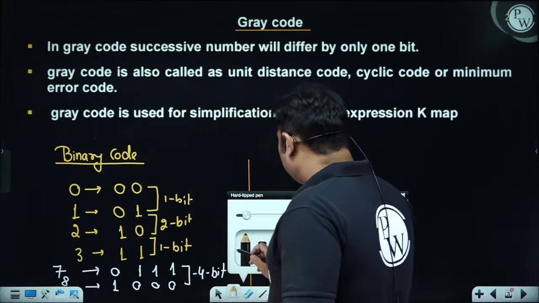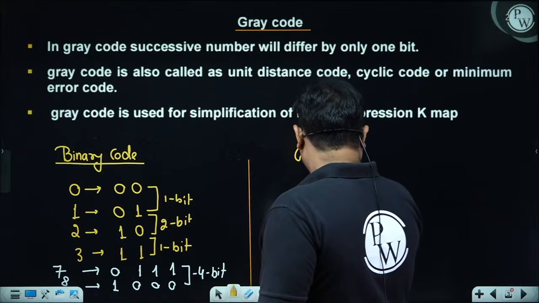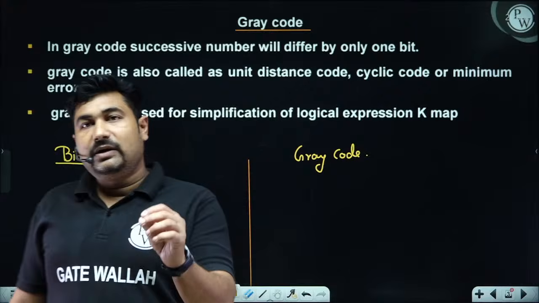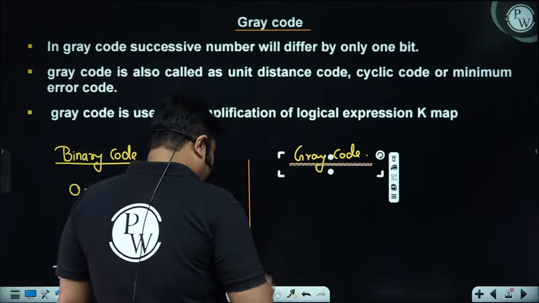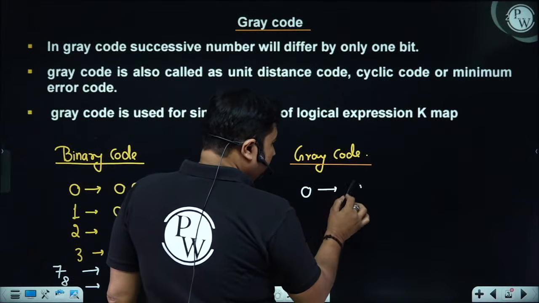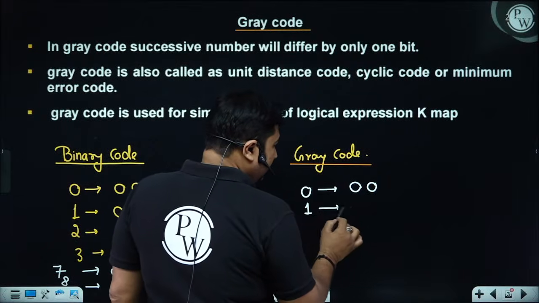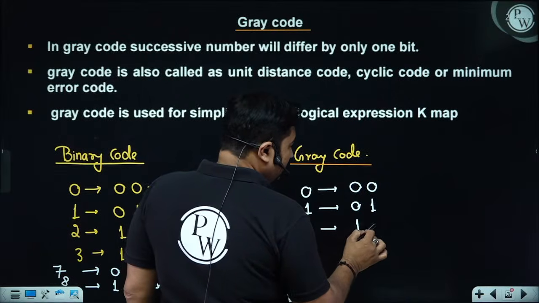If we talk about gray code, then gray code is a code in which each successive number differs by only 1 bit. Now please observe here. The gray code of 0 is 0 0 in 2 bits. Gray code of 1 is 0 1. Gray code of 2 is 1 1.